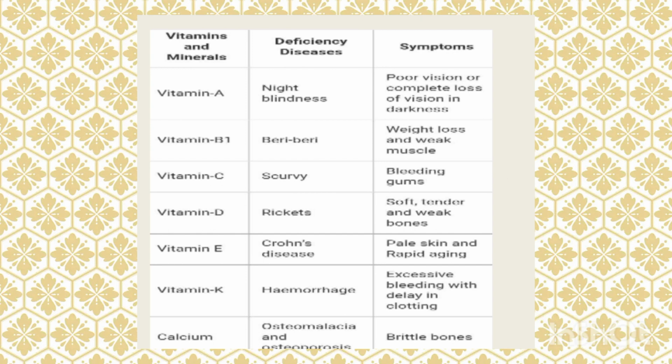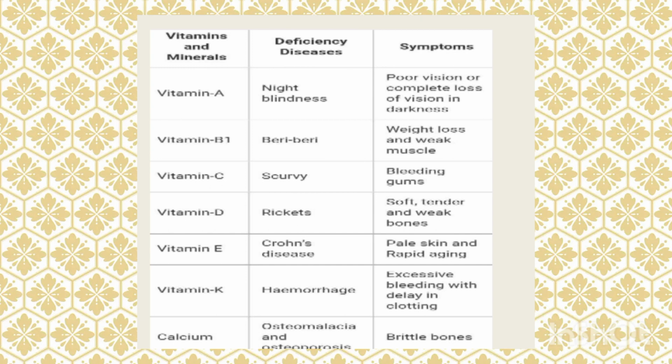Vitamin C deficiency causes scurvy, which leads to bleeding gums. Vitamin D deficiency leads to rickets, which actually turns your bones weak, soft, and tender. Even your bones can bend.